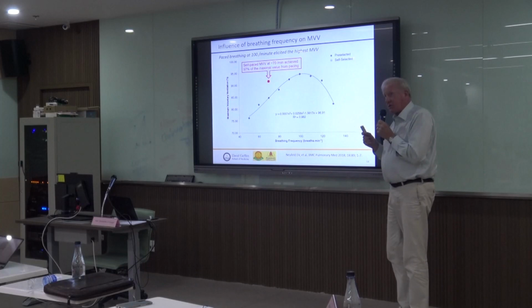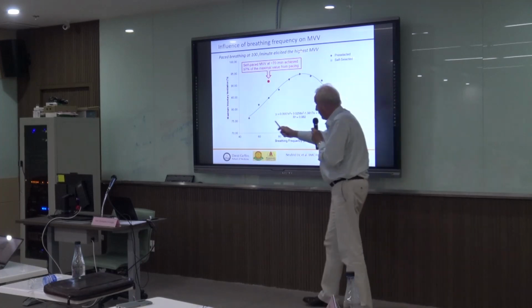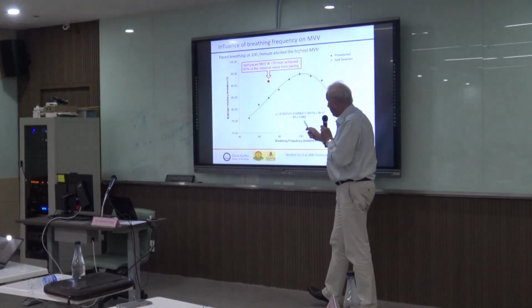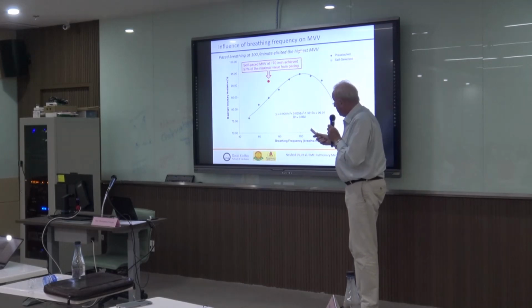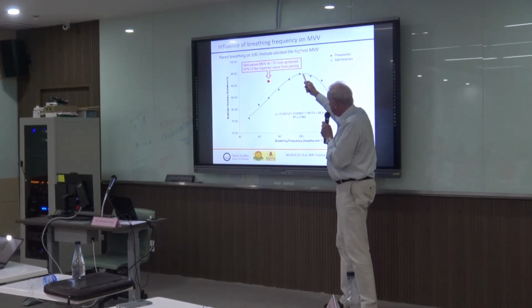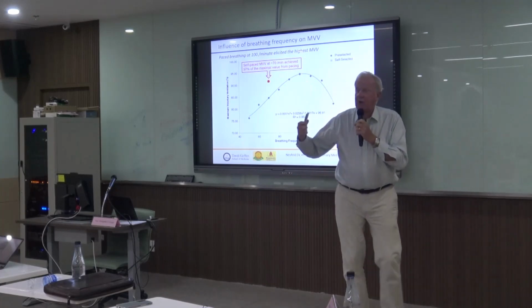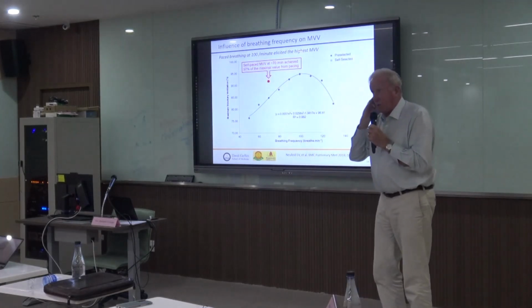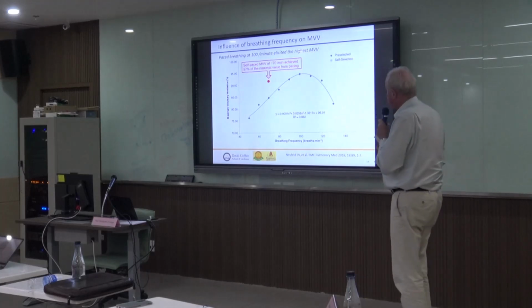We took some healthy volunteers and measured maximum voluntary ventilation for a variety of breathing frequencies paced by a metronome. And we found that the highest MVV was achieved when we paced the subjects and told them to breathe with an audible signal at 100 breaths per minute.